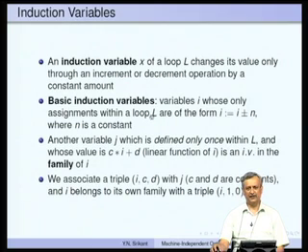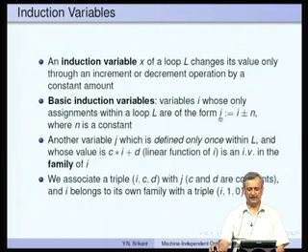What is a basic induction variable? Variables i whose only assignments in the loop are of the form i plus or minus n, where n is a constant. The above one was a very general statement, and it did not say that n must be a constant. It could have been i plus or minus k, where k actually is incremented or decremented by a constant amount.